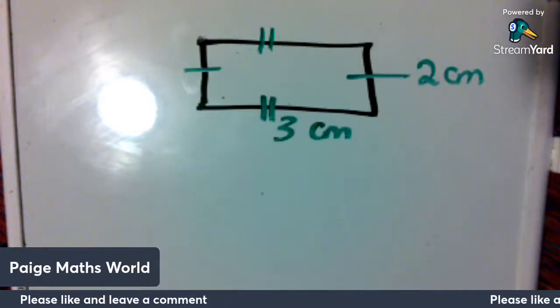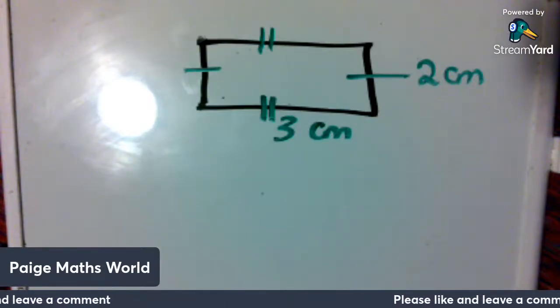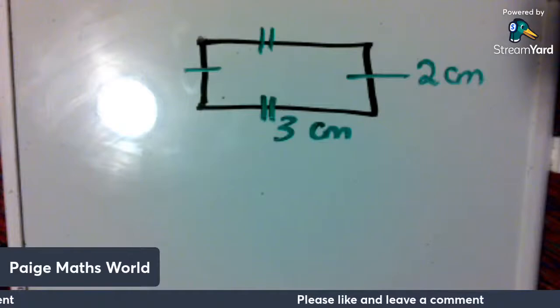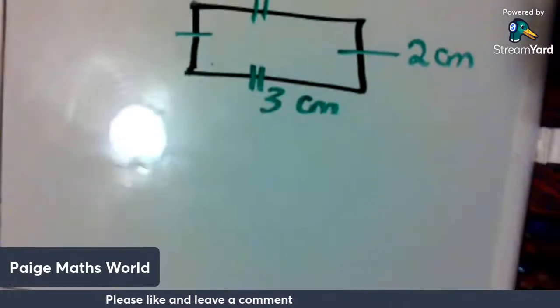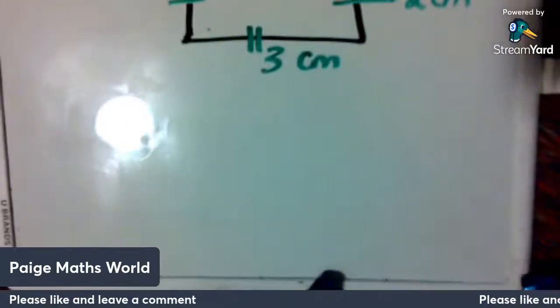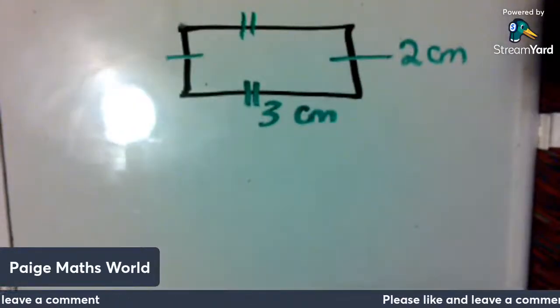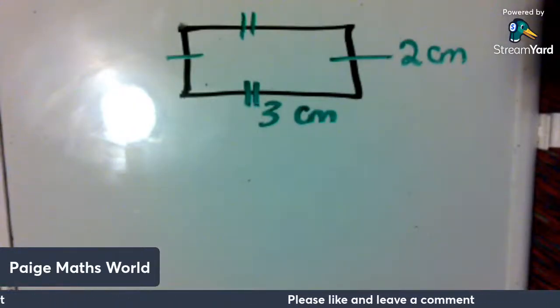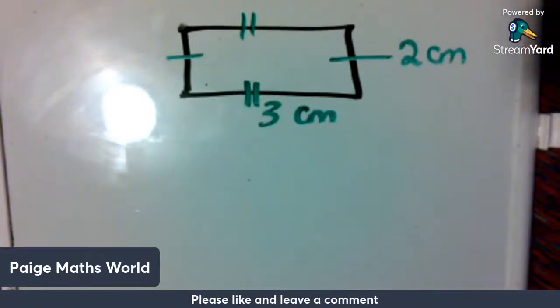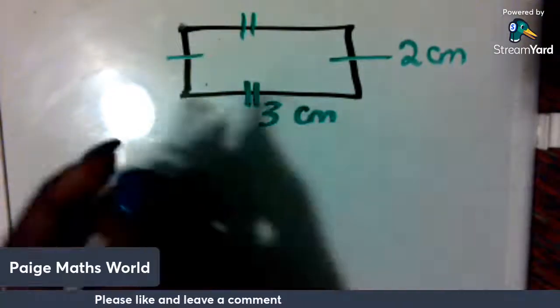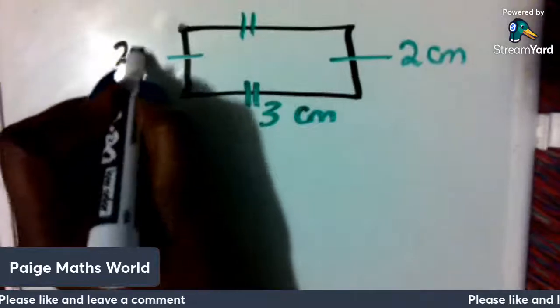All right, so yes, the perimeter of this particular rectangle: we're not going to be doing length times width, we're going to be adding the sides, right? As I said before, if this side is 2 centimeters, then this side is also 2 centimeters.